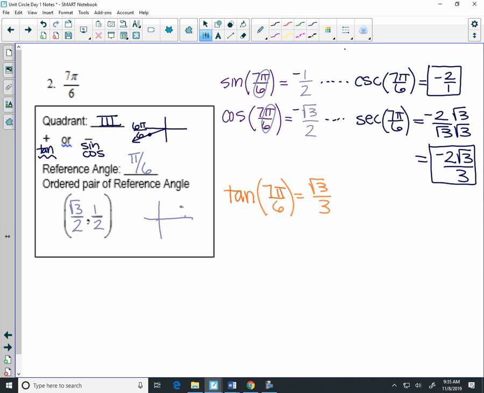And remember, the little 6 is 3 plus 3, and that's how I remember that. 7 pi over 6 is in quadrant 3. In quadrant 3, that's where our x is negative and our y is negative. Since tangent is those two divided by each other, tangent is positive. And I kind of can't help myself, so I'm going to put positive.